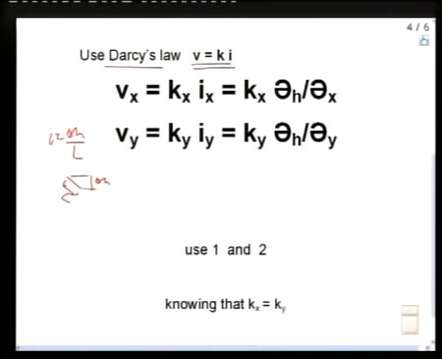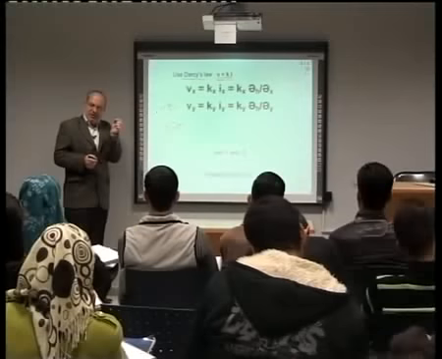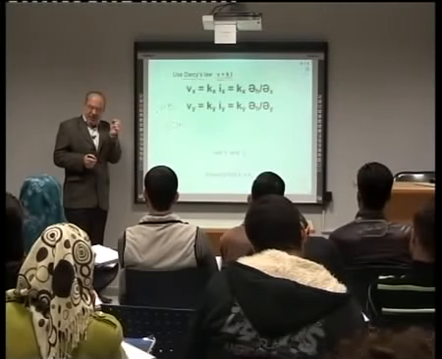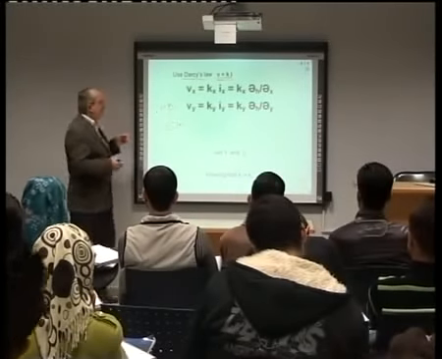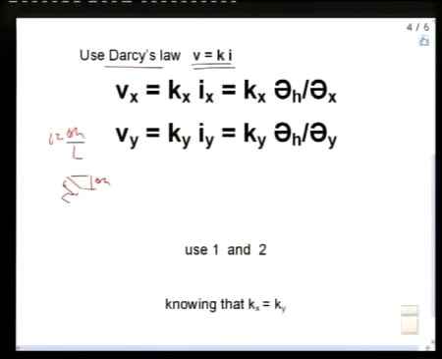But when I am talking about a very small element, can I put it this way? Partial of the elevation h by partial of the distance x. So it's kx dh over dx. This represents i.